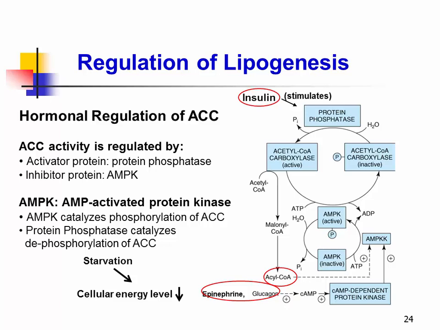This is something I just want you to know. Is that clear? Again, during fasting or starvation, energy levels go low and AMPK is activated. AMPK catalyzes the phosphorylation of ACC, and once ACC is phosphorylated, its activity is decreased.